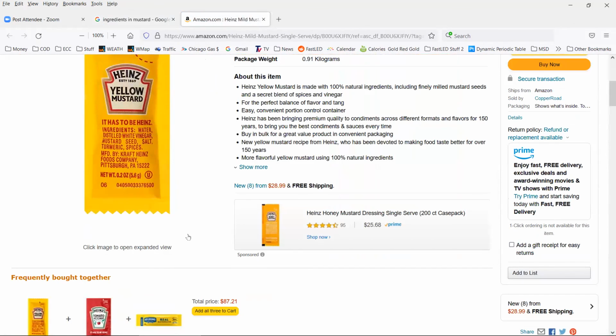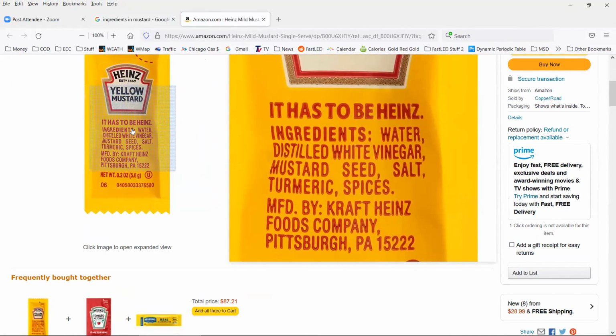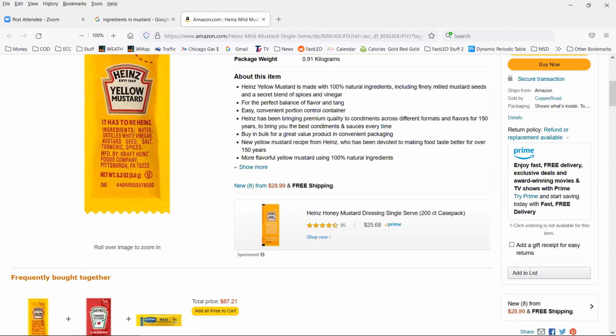I don't like this type. I get a better one. Coop's is better, and there are a few others that are better than Heinz mustard. And if you notice, the first ingredient is water. I bet you never thought of water as a chemical. Well, it is. And the next one is, oh, look, it's here again, distilled white vinegar. If you think about it, which I'm going to make you do, all the condiments you can put on a hot dog or a hamburger that come out of a jar are acidic.